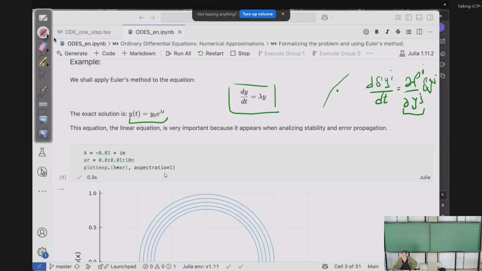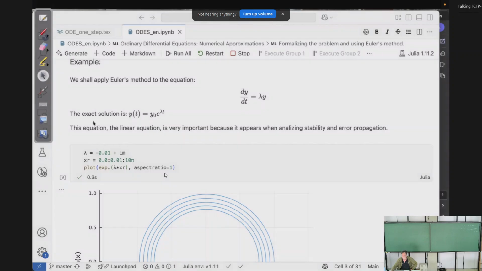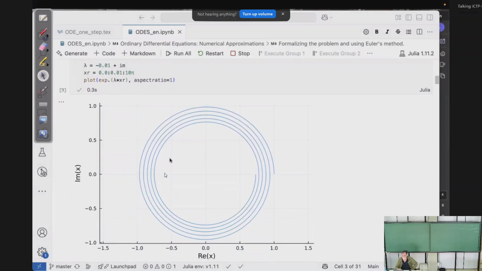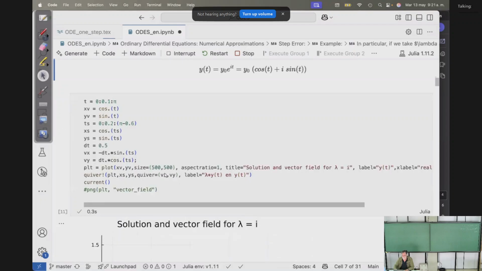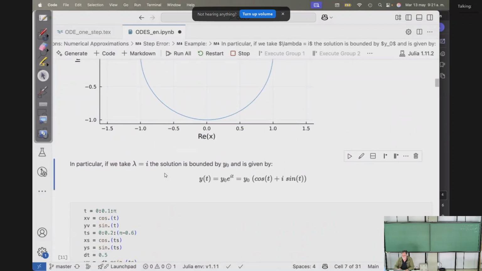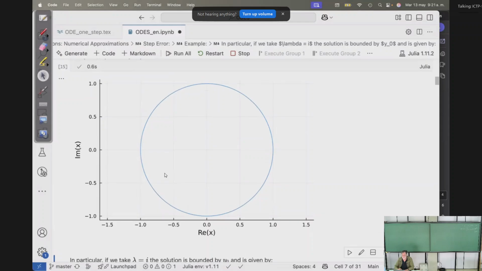We know the exact solution of that is just an exponential, and we can see how the exact solution behaves. It behaves like that. So if there is no real part, we have an orbit, a closed orbit.